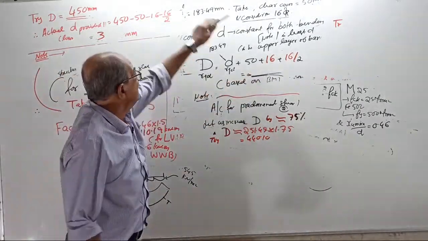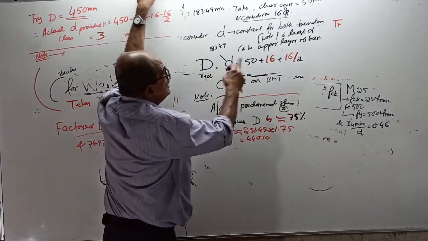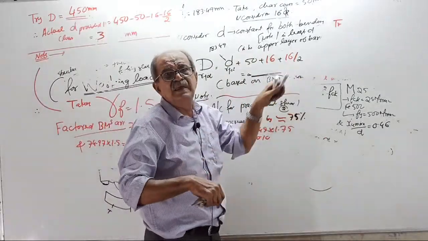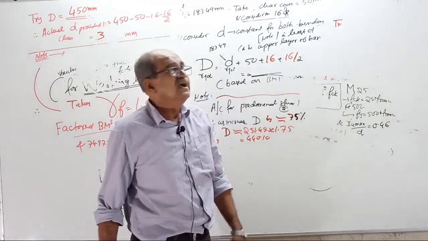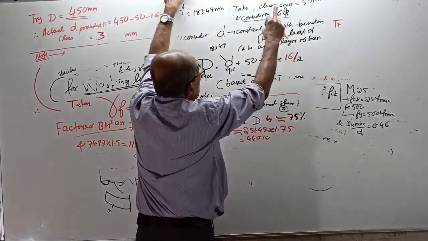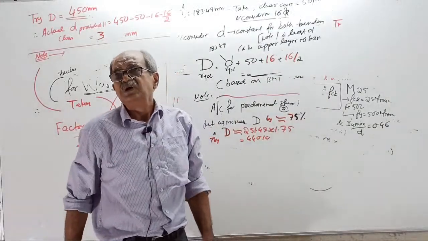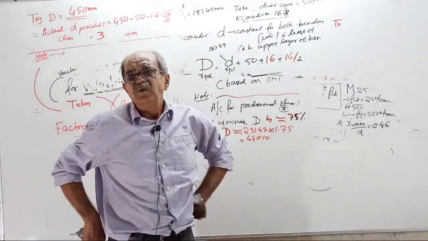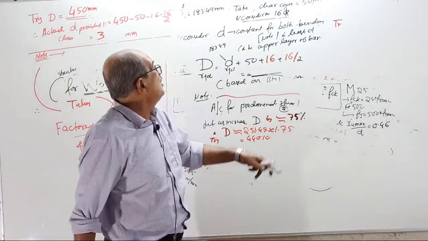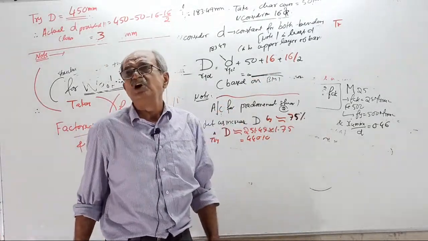From here, change it. Capital D, you should have told me at that time. See, your mistake. I told take 16. When I considered 12, you should have commented immediately: not 12, 16. For me, I forget, because I know finally it is going to be 12 mm only.